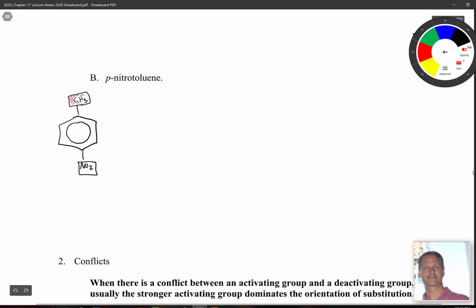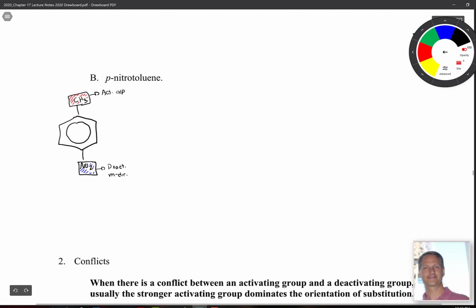So this guy right here will make our red guy, and then this guy down here will highlight as being our blue. Now we know that this group up here is activating, and it's an OP director. Down here, we're deactivating, and we're an M director. So let's go through and figure this out.